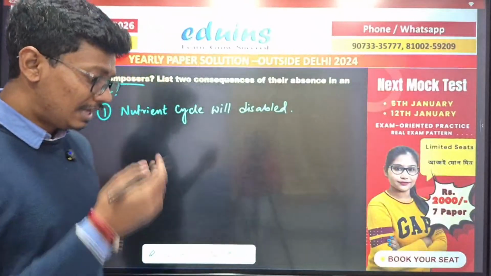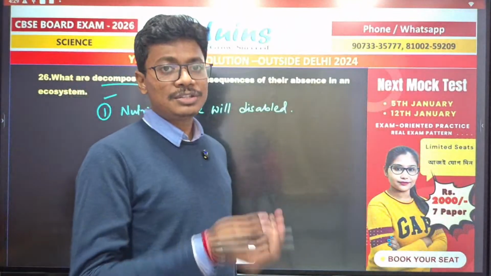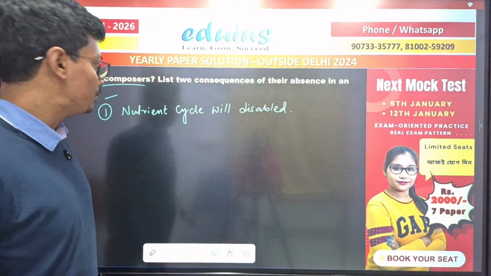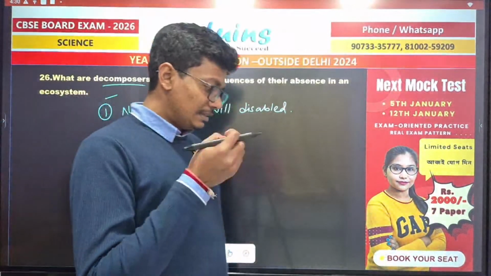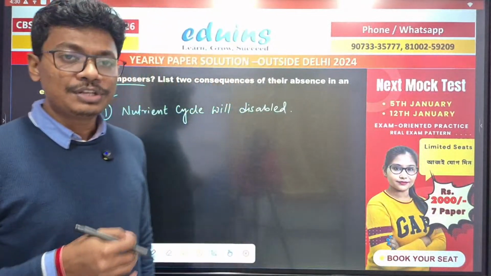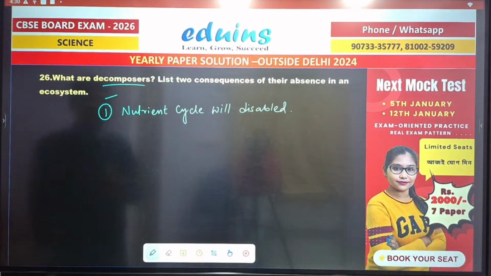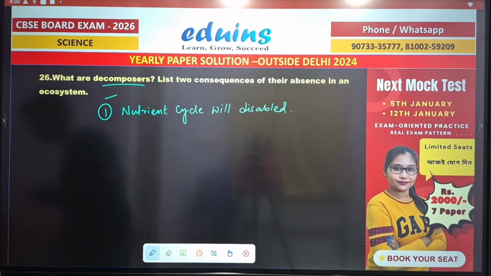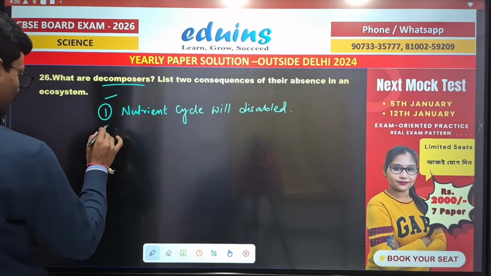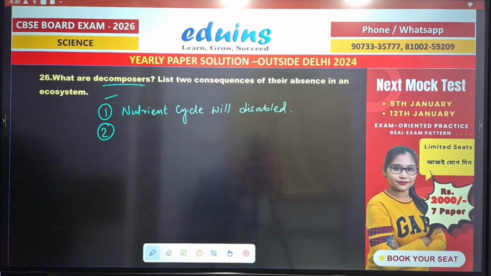That's why the nutrients will not get reached into the soil, which will cause a deficiency of nutrients in the soil. So the nutrient cycle will be disabled. Okay, first. Second, okay, Bishan, first cyclic process. Okay. Second, what will be the second one?